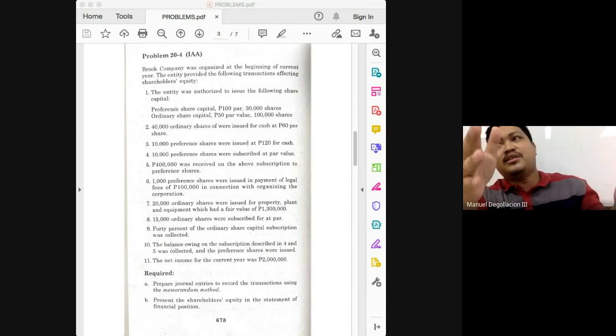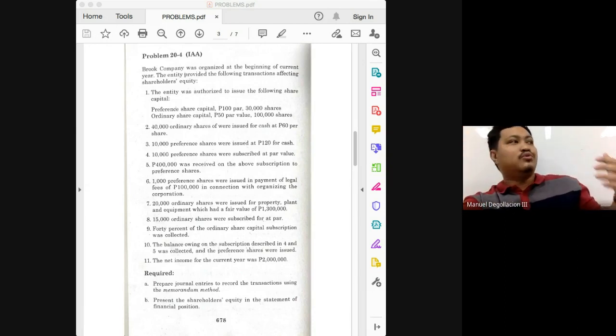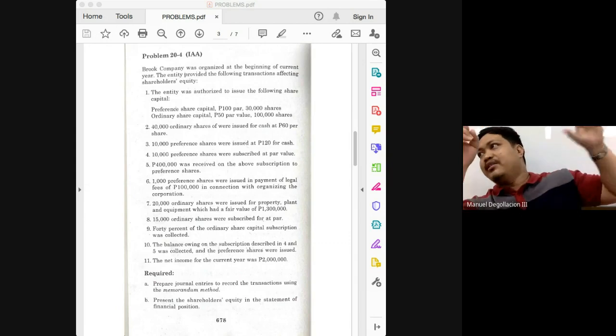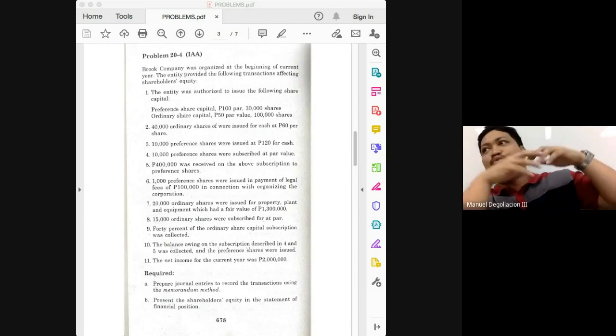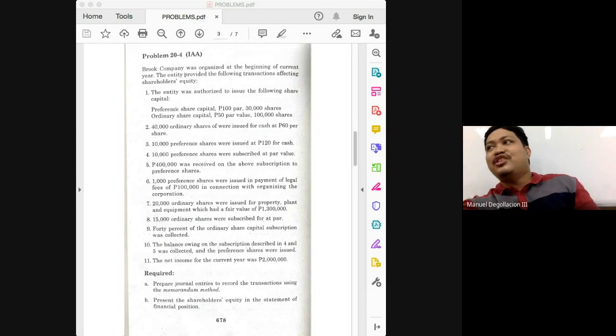No. And that's one of the common mistakes. Students would think that subscriptions receivable will either be current asset or non-current asset. Okay, that's wrong. If within 12 months, current assets. If beyond 12 months, a deduction to your total shareholders' equity. If your subscriptions receivable is collectible beyond 12 months, then it would be a negative amount in your shareholders' equity section.